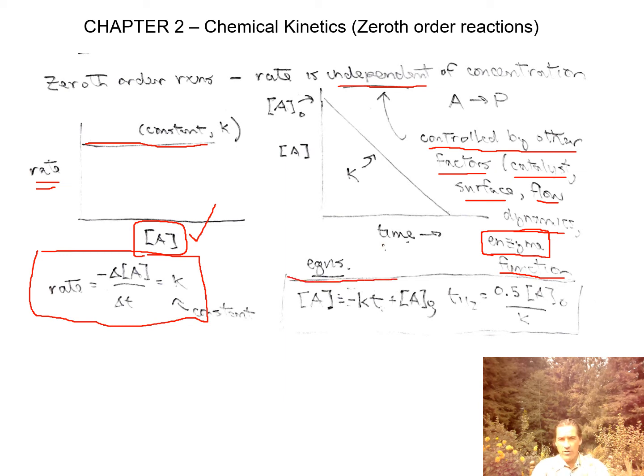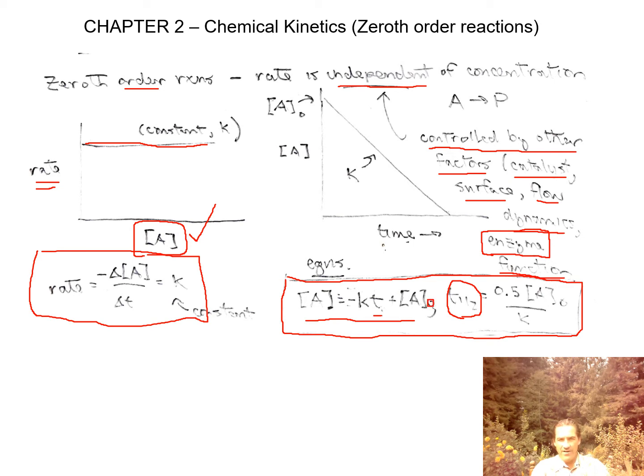And as we go along in this video, we're going to start collecting equations for the behavior of these reactants in a given order. And so for zeroth order, we have a half-life equation now, and we have an equation here that relates concentration and time, given that we know the initial concentration.